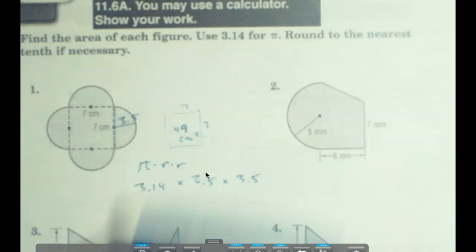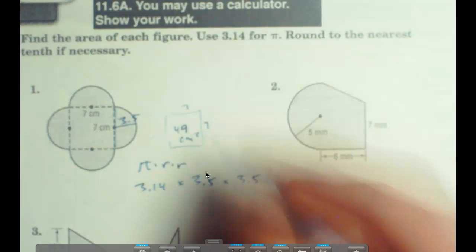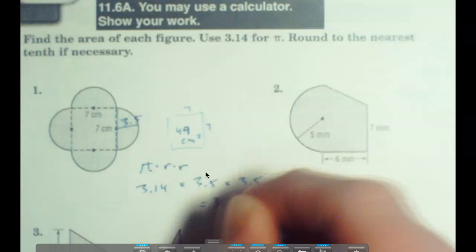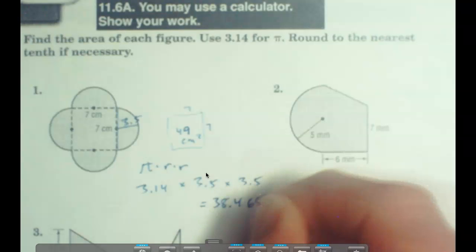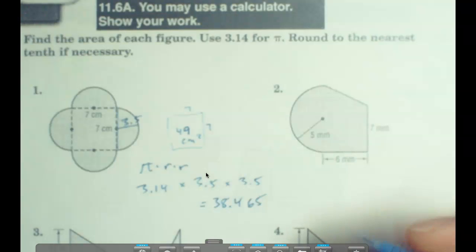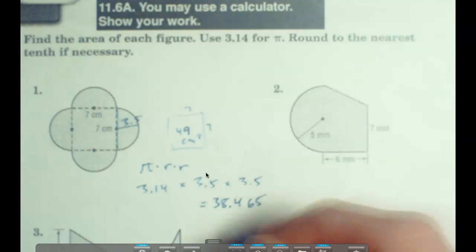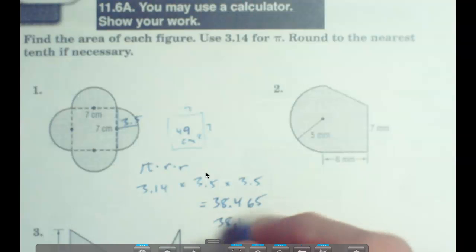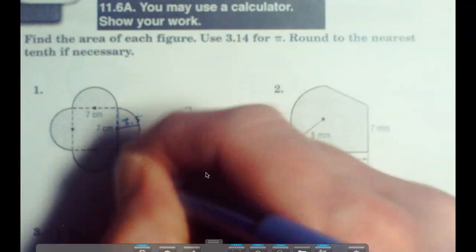So 38.465. See, we get equals 38.465. So I knew it was going to be bigger than 27 based upon the 3 times 3 times 3. So it kind of matches my estimate. Of course, that's just one circle, 38.465 for the second circle, because here's one.